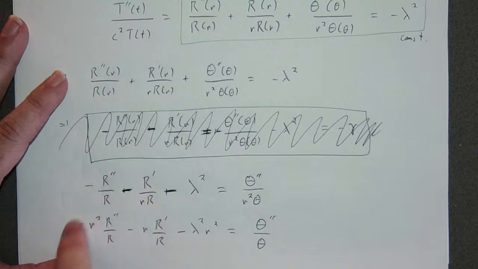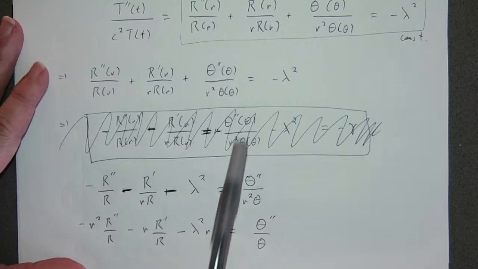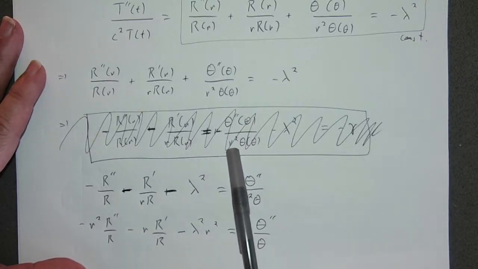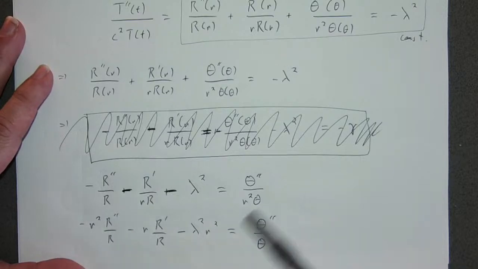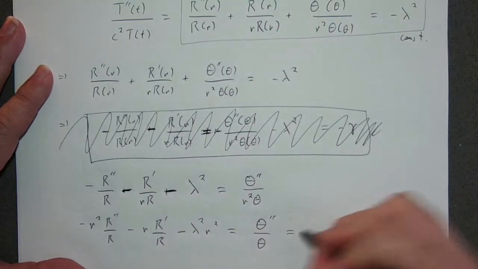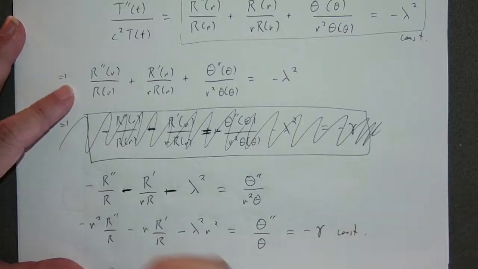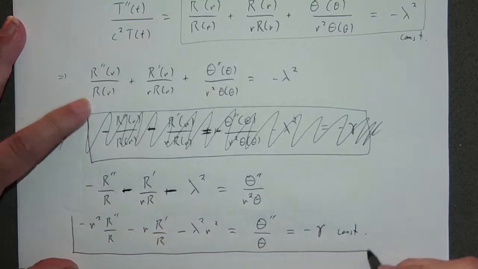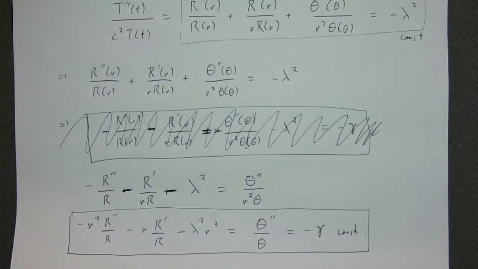Now, on the left-hand side is something that depends only on r, right? Before, in case you were wondering what was going on here, where there was still an r over here, right? Multiplying both sides by r squared. Now, the left-hand side is nothing but a term that depends on r. The right-hand side depends only on theta. So these must be equal to some constant that I'll call minus gamma. Okay. It pays to actually do this algebra sometimes and not leave it.